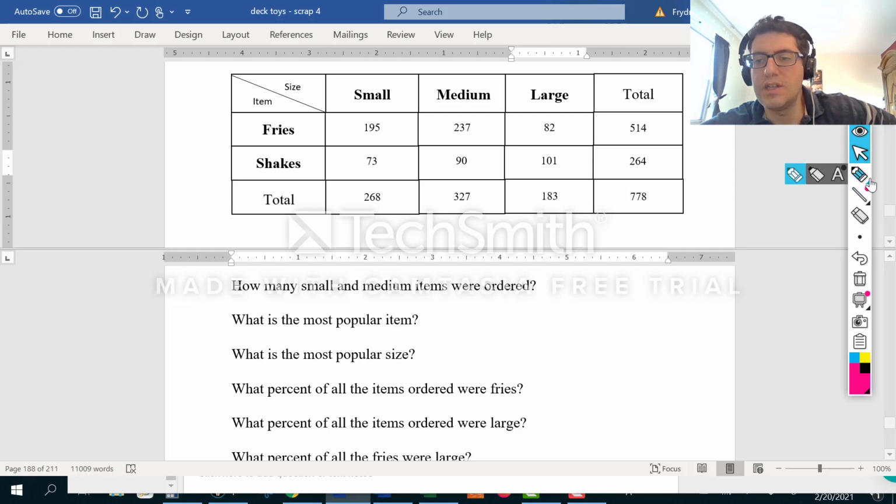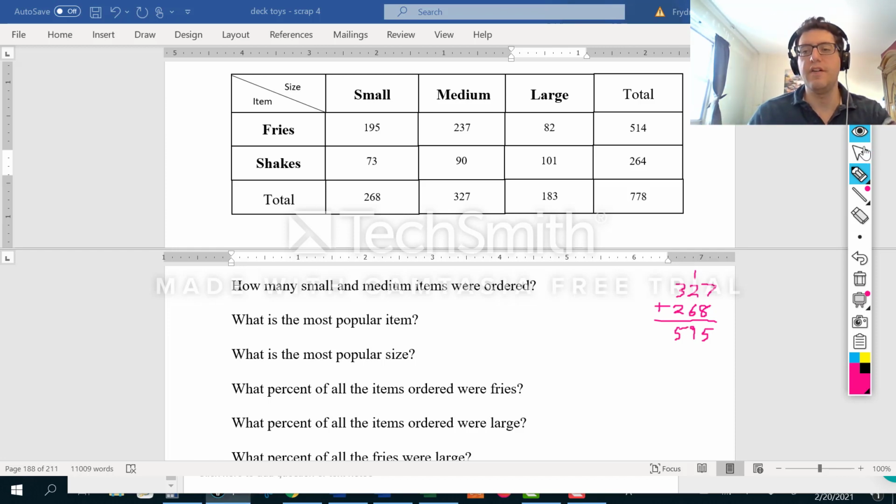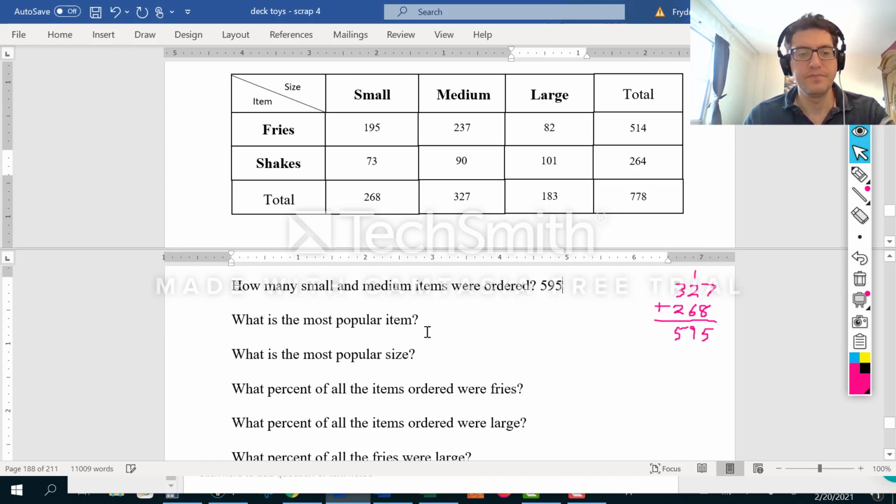How many small and medium items were ordered? Well, to answer that, we would add them up. So 327 plus 268: 7 plus 8 is 15, carry the 1. Because 1 plus 2 is 3, plus 6 is 9, 3 plus 2 is 5. So 595 small and medium items were ordered.